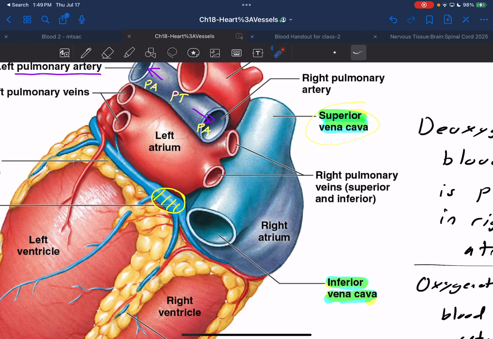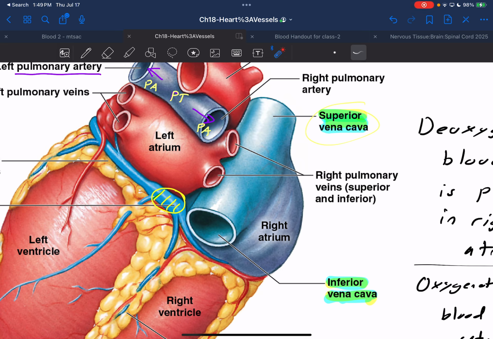In the heart, which part of the heart receives deoxygenated blood from the body? What's the answer there? The right atrium. Deoxygenated. What's the only reason you got to come back to the heart? If you're a little blood cell, you got to come back to the heart because your blood cell has used up all its oxygen.